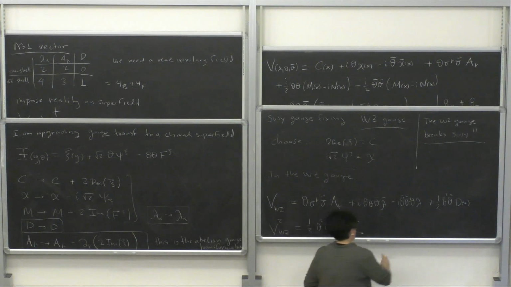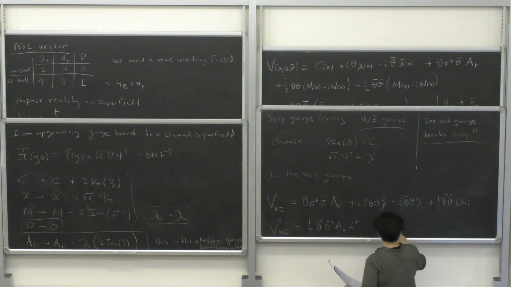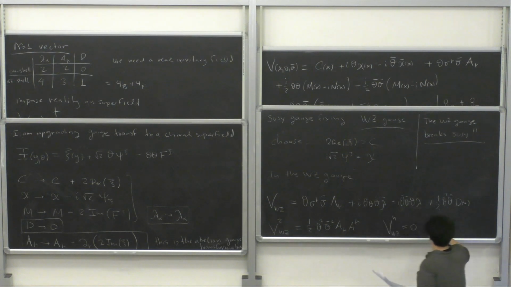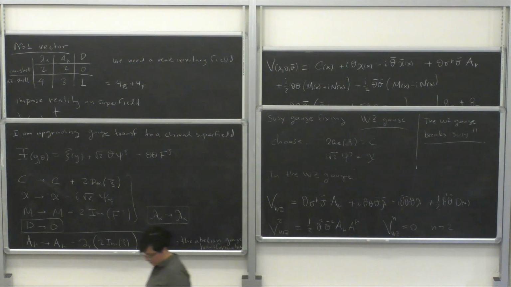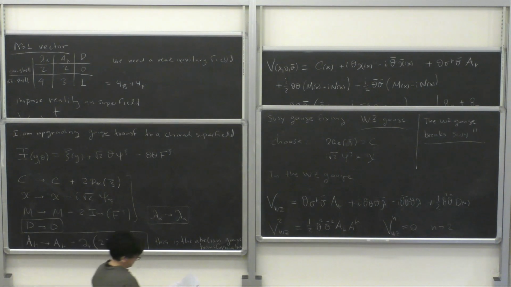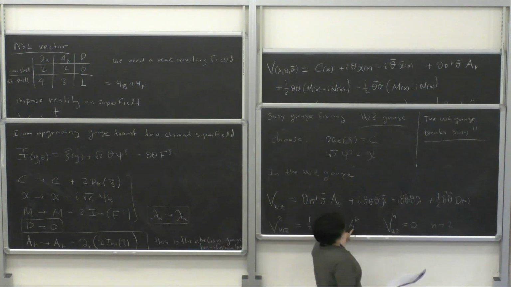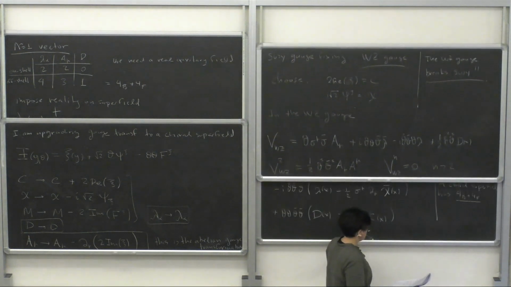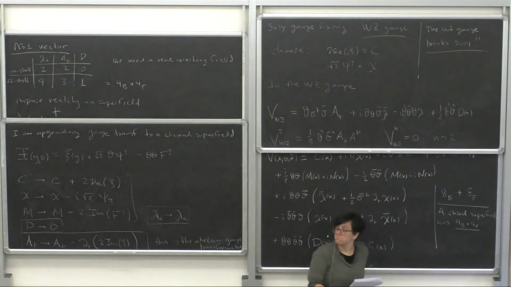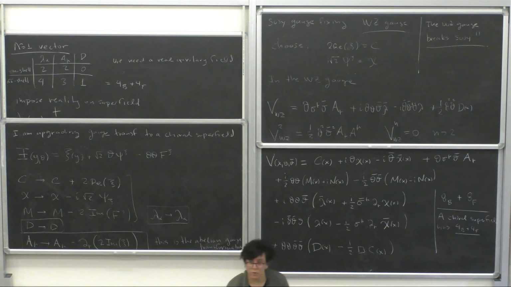And then if you compute higher terms, they are simply 0 as long as n is bigger than 2. So this is going to make life pretty nice. It's pretty handy to calculate like this. Are there any questions?